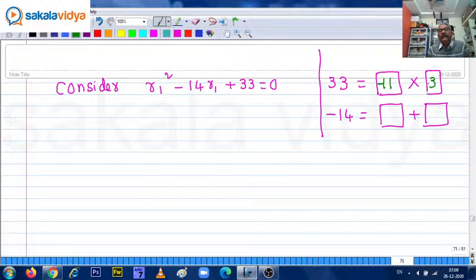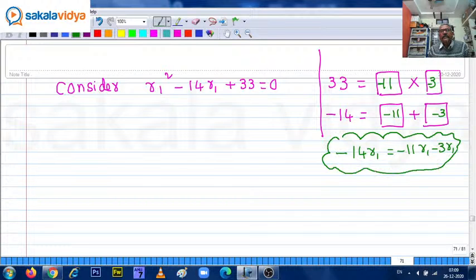So minus 11 and minus 3. That means the middle term minus 14 R1 can be written as minus 11 R1 and minus 3 R1. You remember this one.